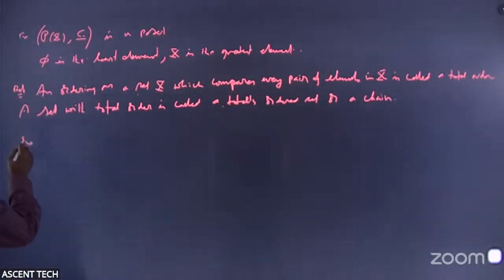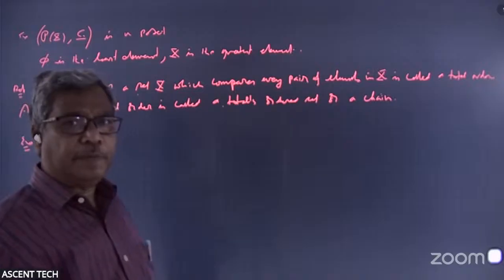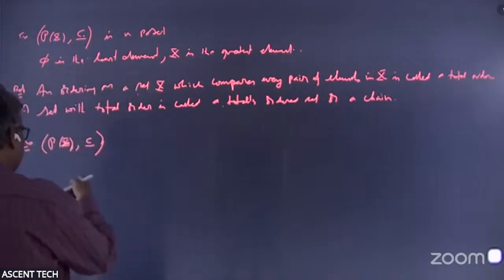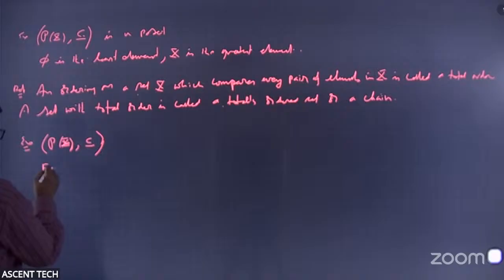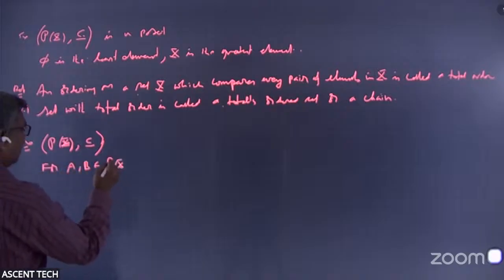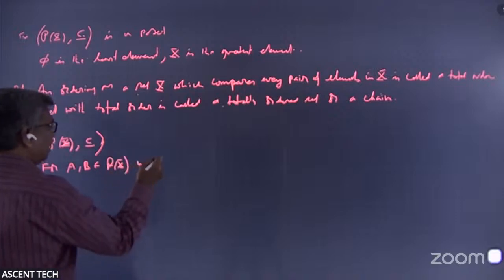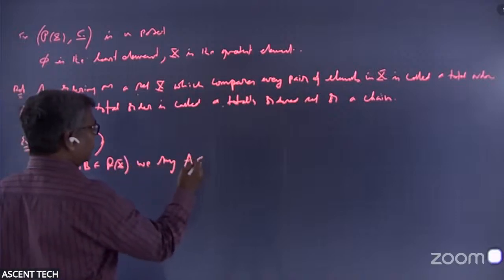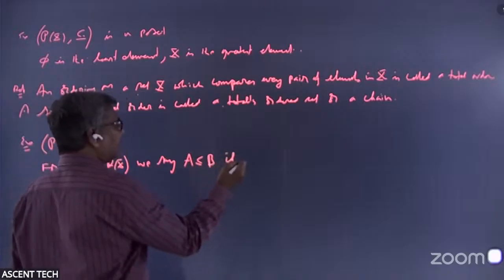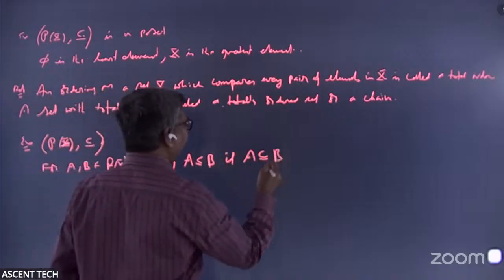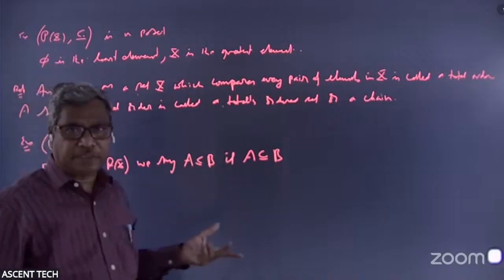For example, in the power set with containment, I don't think any pair of elements can be compared. What is the comparison here? A is less than or equal to B means A is contained in B. So I would directly use the containment in place of less than.